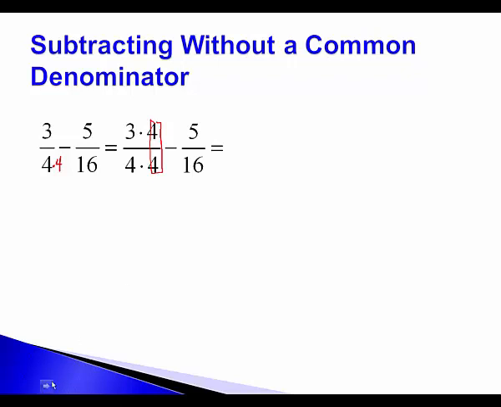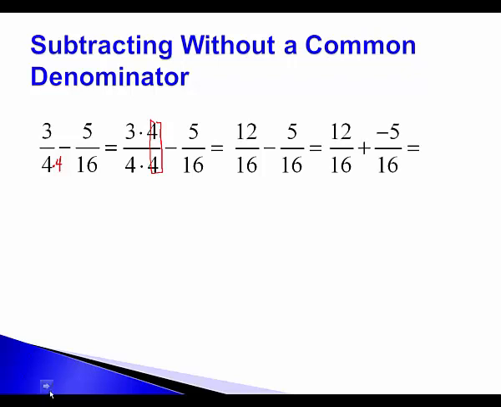So when I do that step, it gives me 12 over 16 minus 5 over 16. Now it's just a subtraction problem. I will add my opposite. And so now I have $12 in the bank, and I wrote a check for 5, which leaves me with 7 over 16.